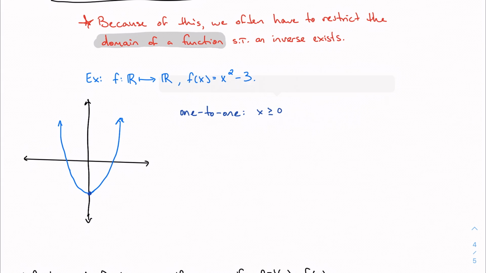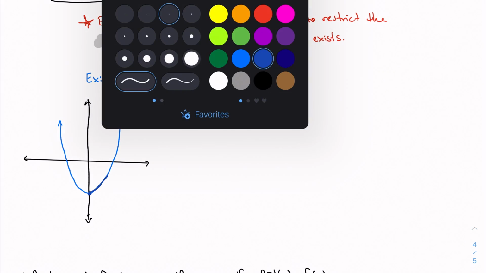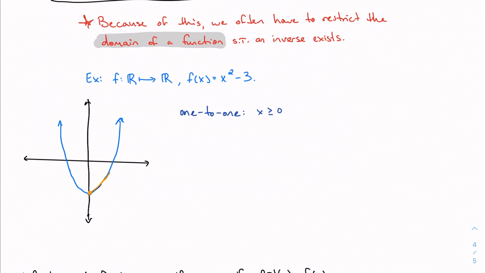That's typically just conventional. So maybe I'll pick a brighter color here. I want this piece that I'm actually going to work with. So we're going to restrict my domain to all x such that x is greater than or equal to 0.